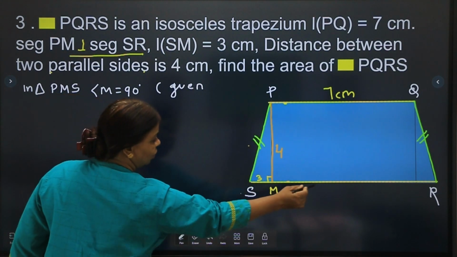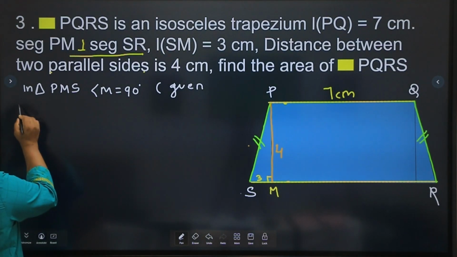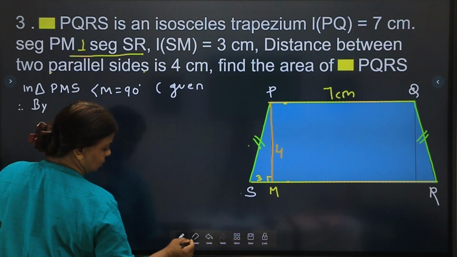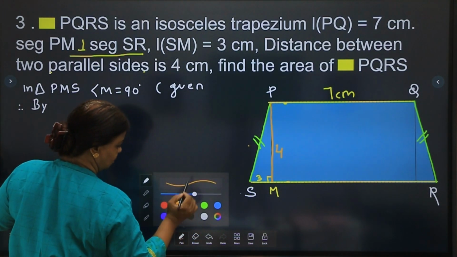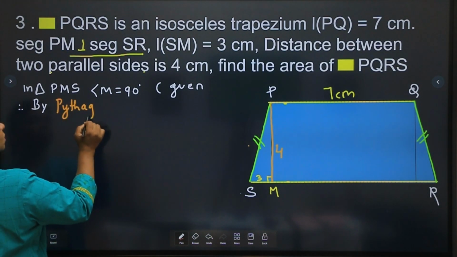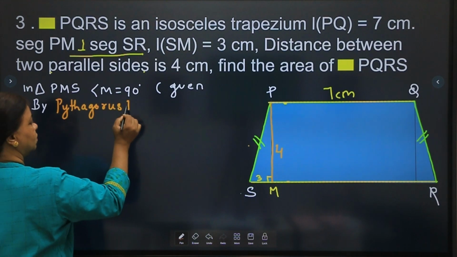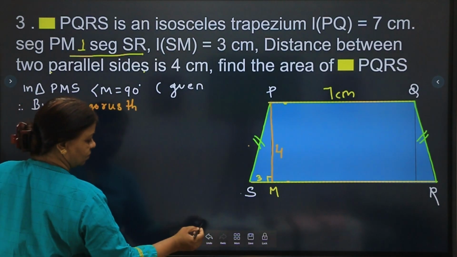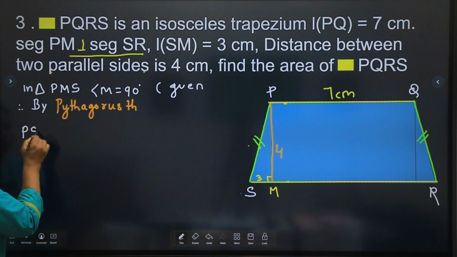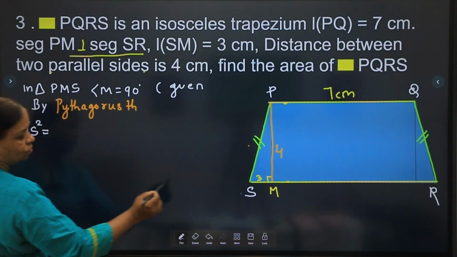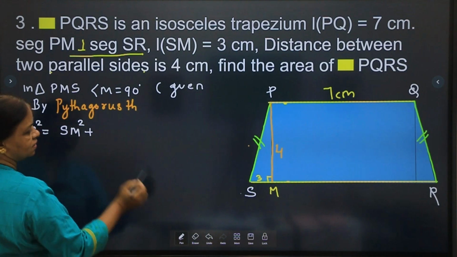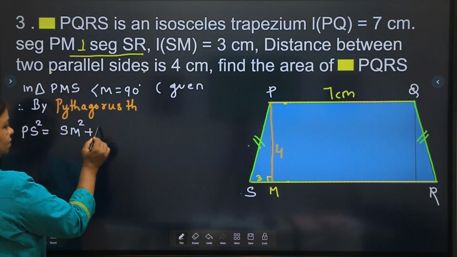Because PM is perpendicular to SR. Therefore, by Pythagoras theorem, PS square is equal to SM square plus PM square.